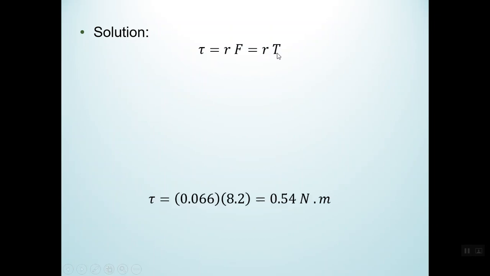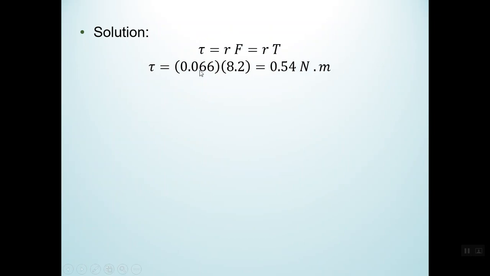First of all, we need to solve this example. We must calculate the torque, where the torque is equal to r times F, or r times T. Substitute the numbers where r is equal to 0.066 meter and T is equal to 8.2 Newton. This is equal to 0.54 Newton meter.